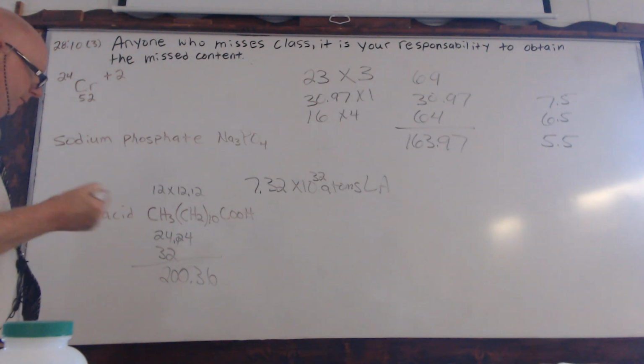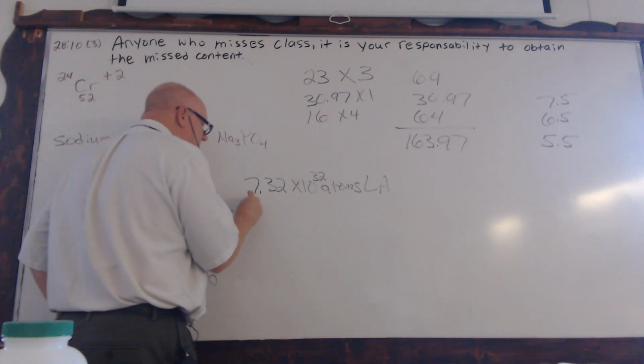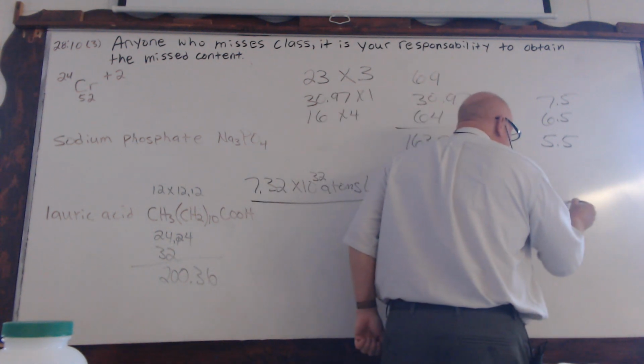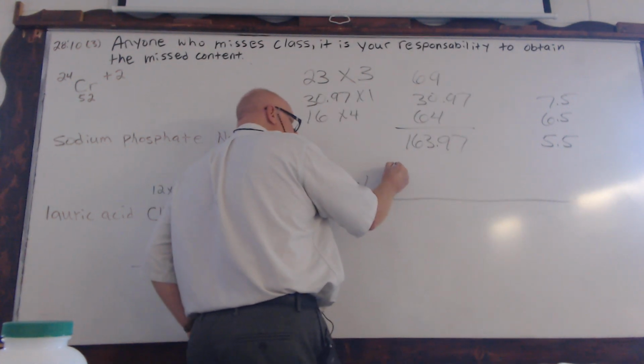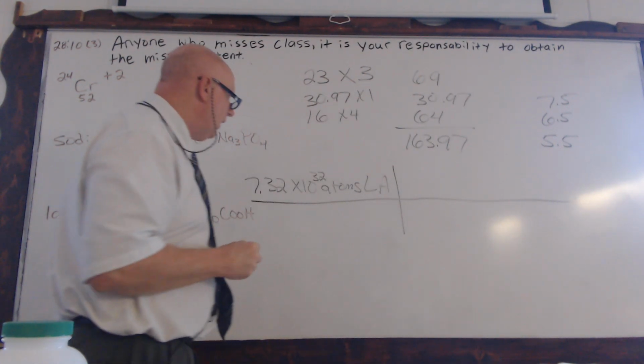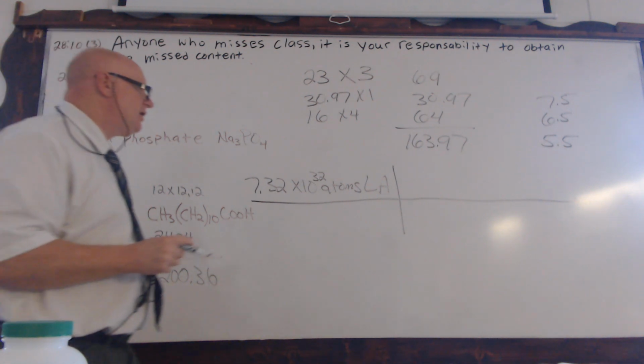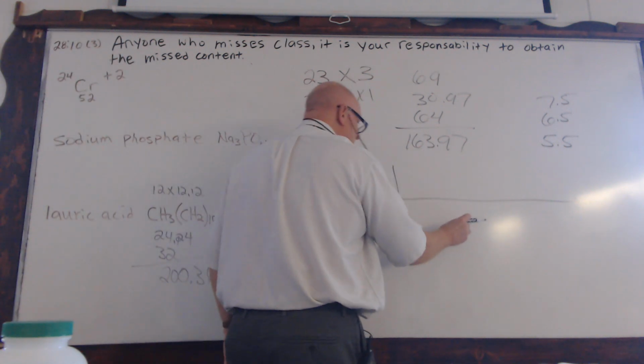Okay, so we know it's a 3-step problem. And we see atoms or molecules, so we know we have to use Avogadro's number. Okay? So if that's the case, Avogadro's number, does that go on top? Bottom. On the bottom.